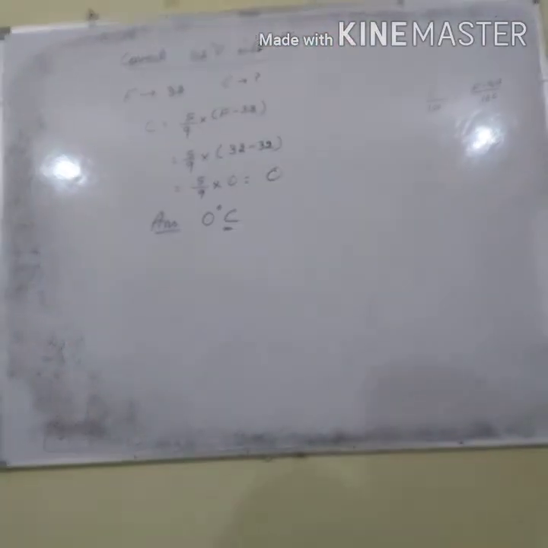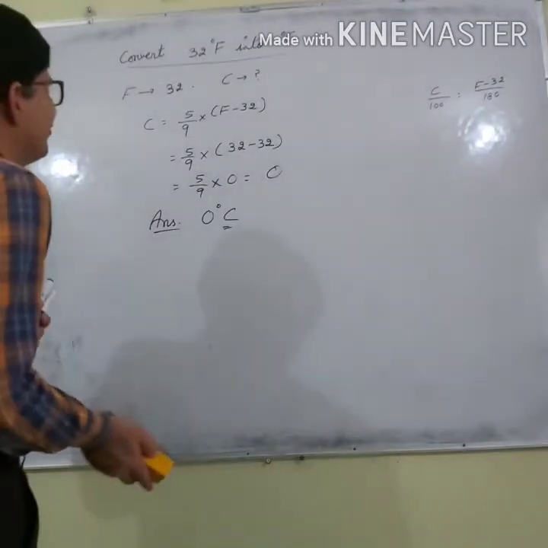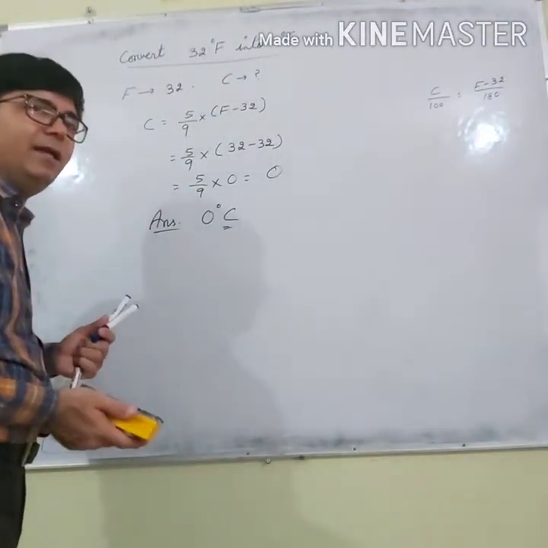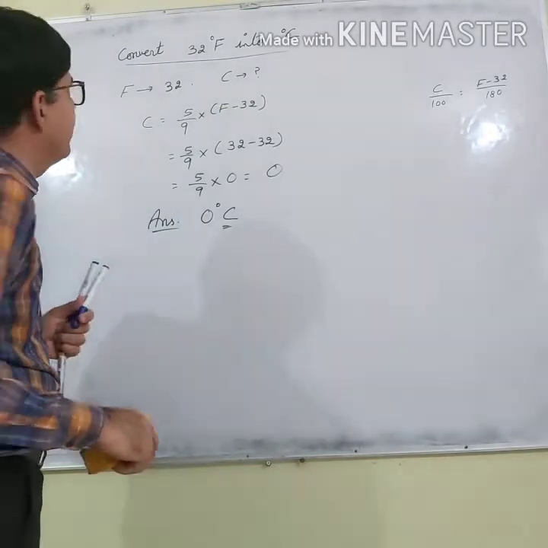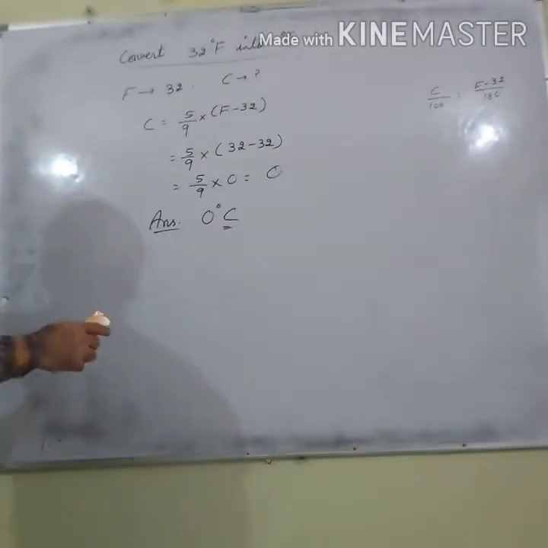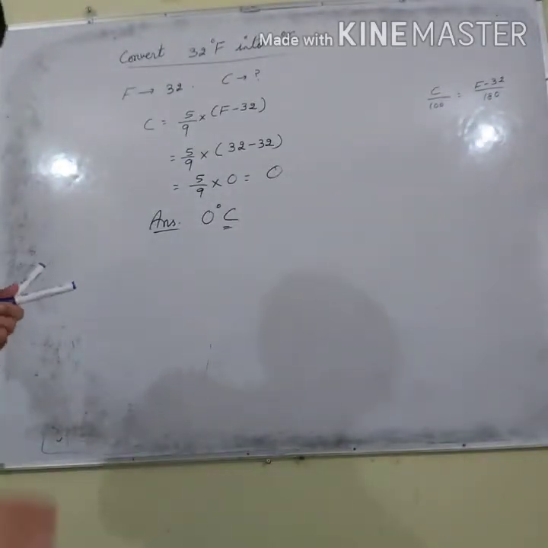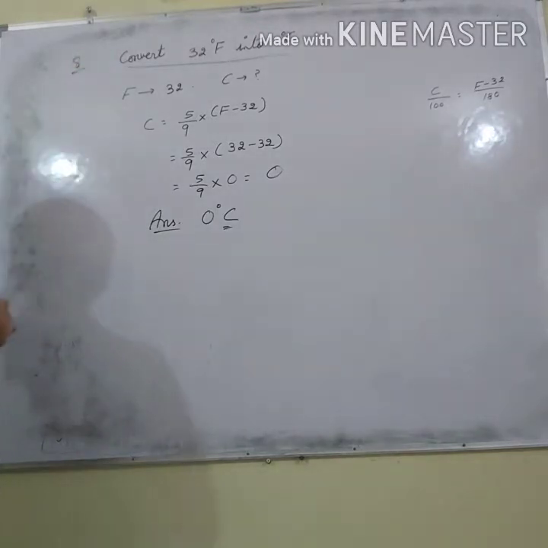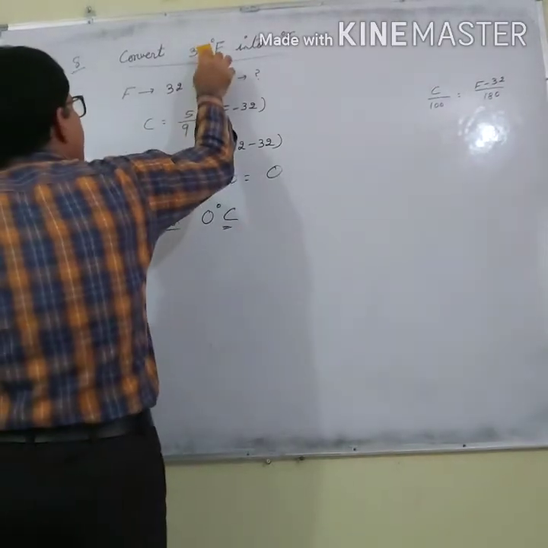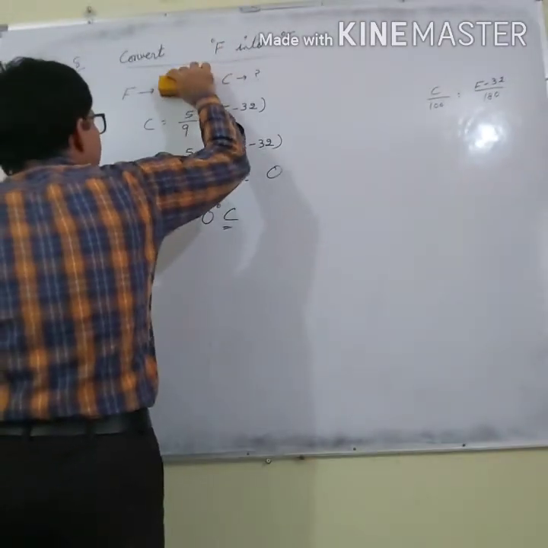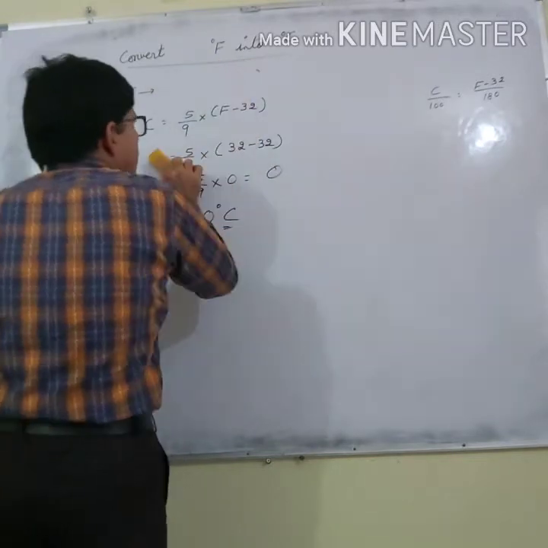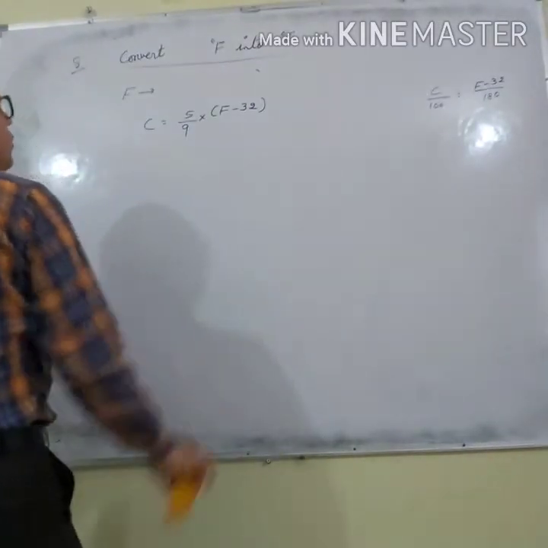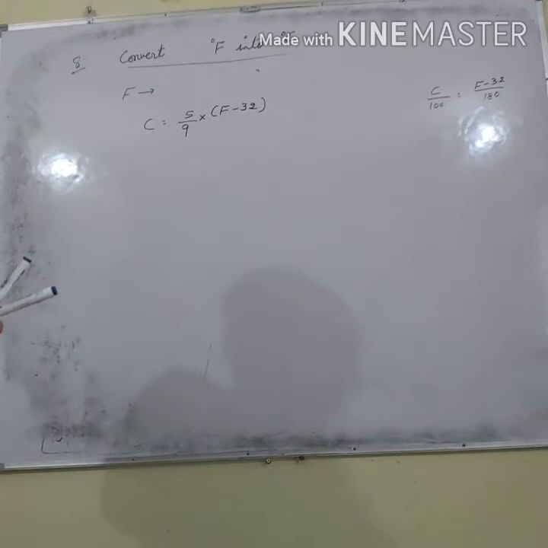Now let's do one more question. That will be very interesting and very useful for you. Let us move to the question number 8. This was 7. Now move to the question number 8. Some difficult question I am going to give you right now. So what is the question?